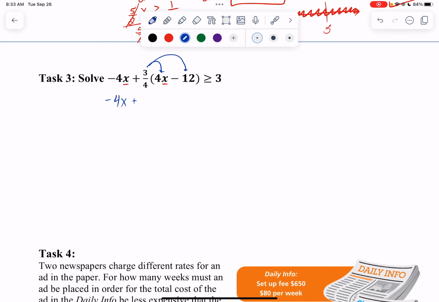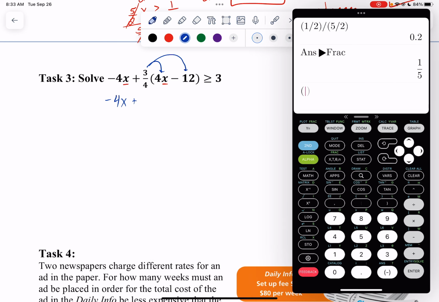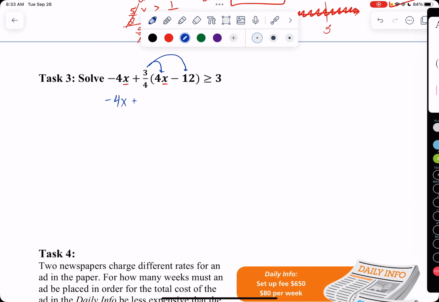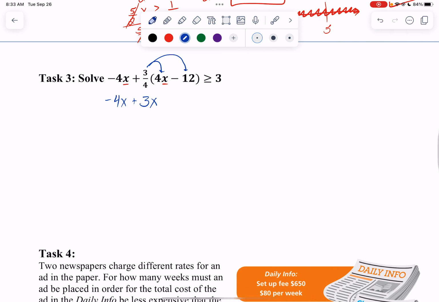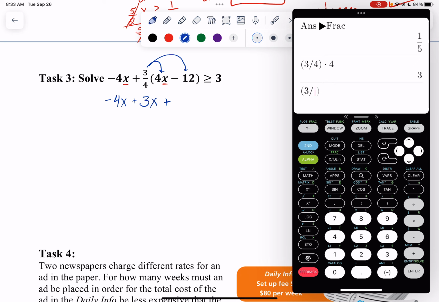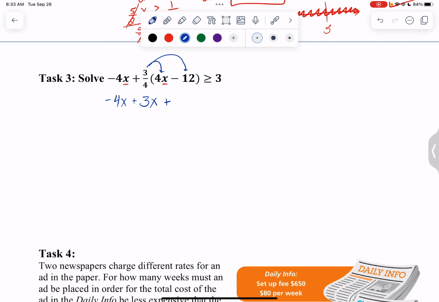We can use the calculator if we need to. 3/4 times 4 actually gives us 3, so we'll have plus 3x. I'm going to rewrite this 12 as plus a negative. Now I need to take 3/4 times negative 12. We get negative 9. So plus a negative 9 is greater than or equal to 3.